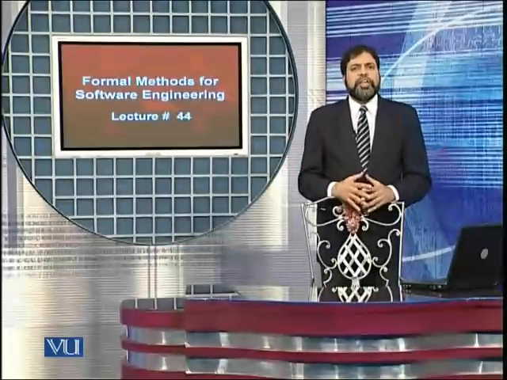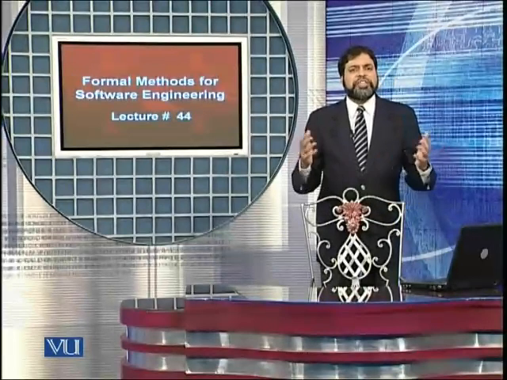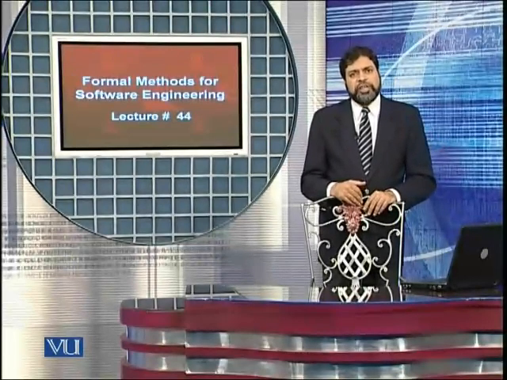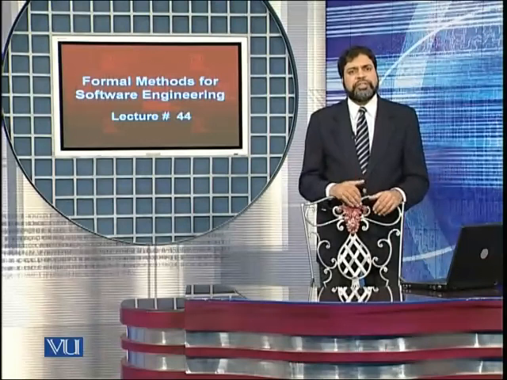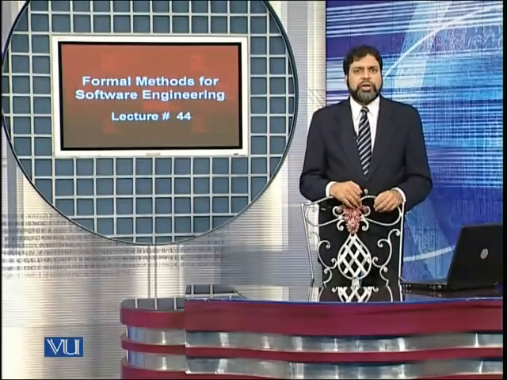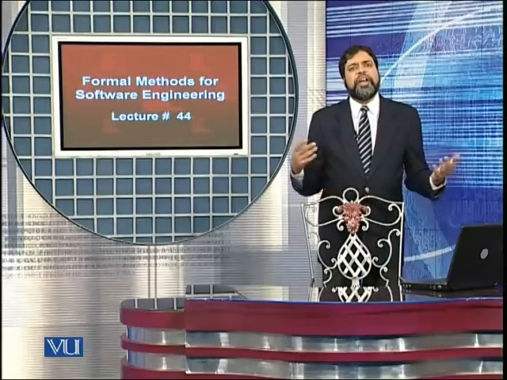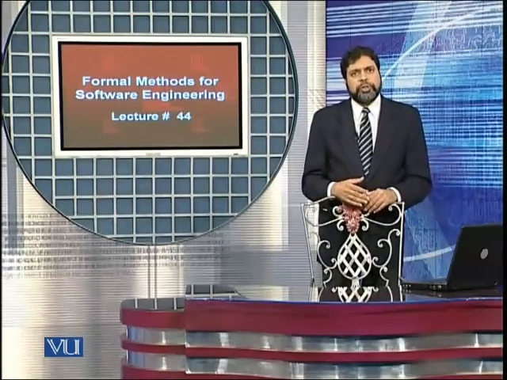Petri nets have other extensions also. One of the extensions that I mentioned earlier was what is known as colored nets, in which the tokens are colored and they represent different types of resources.